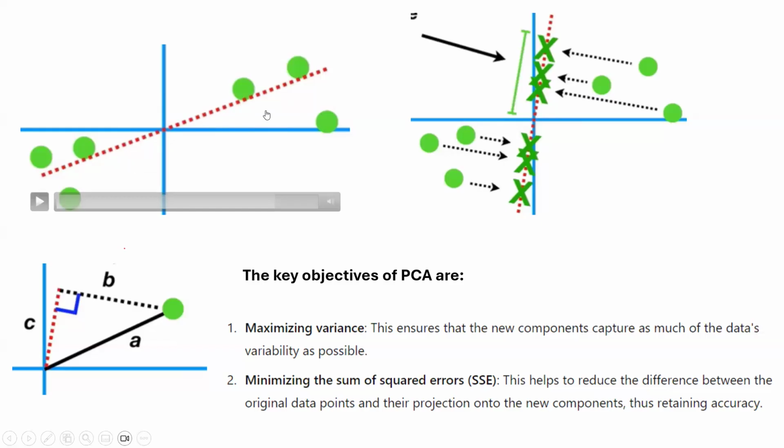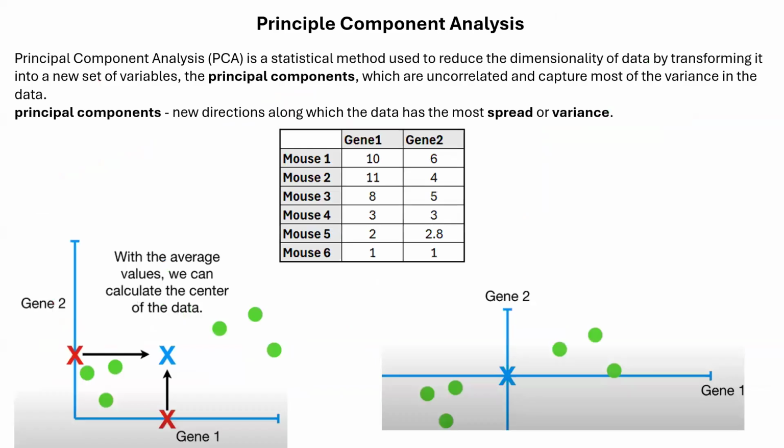That is its job. The number of principal components will be equal to the number of dimensions. PCA will try to find principal components, which are nothing but the lines that we have seen.